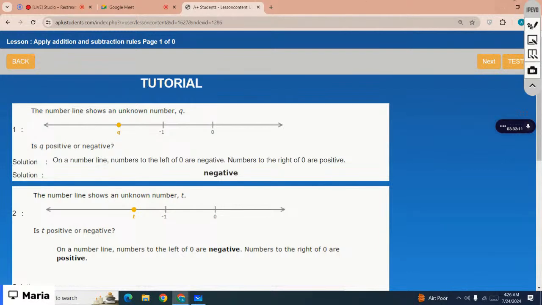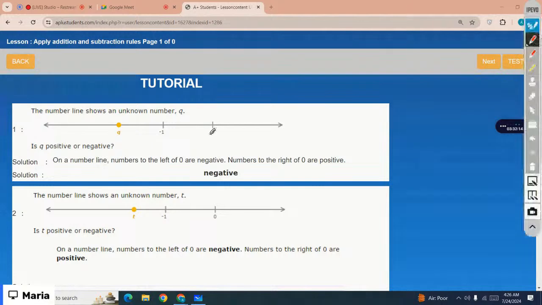So you have to see here is 0, right? If the number is on the left hand side of the 0, that means it must be negative. And if it is on the right hand side of the 0, then the number is positive, right? You can see here you have 0 and q is on the left hand side. That means q must be negative. The correct option is negative, right?